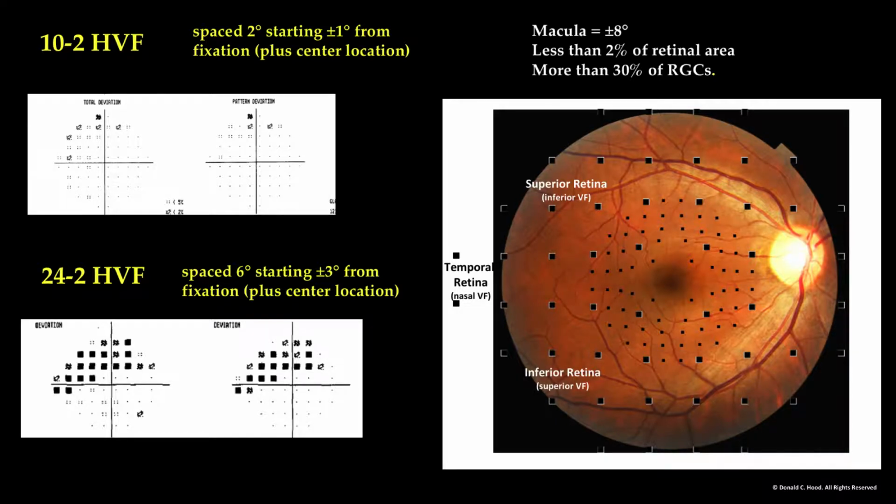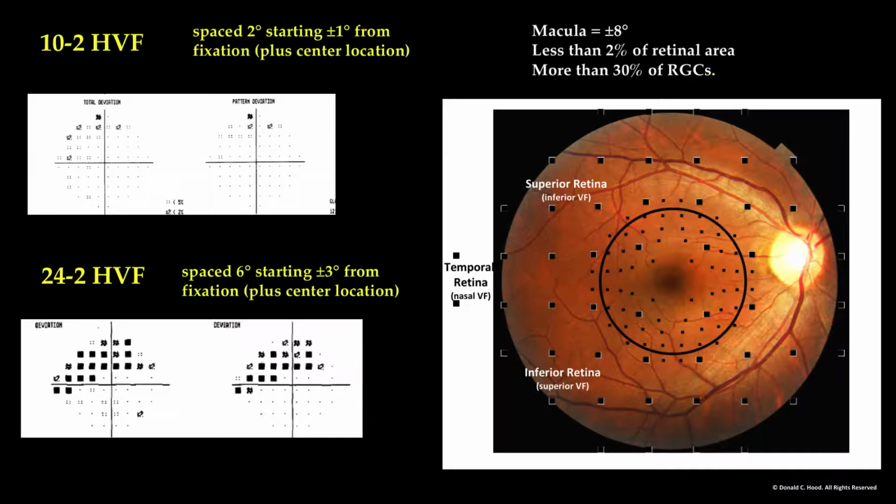Now, we're going to be talking a lot about the influence of glaucoma on the macula. And macula actually is defined in different ways by different scientists. The anatomist has one definition. The clinician often means the area within the arcade here. I'm going to be using the typical definition used by physiologists, and I'm going to define the macula as plus or minus 8 degrees.